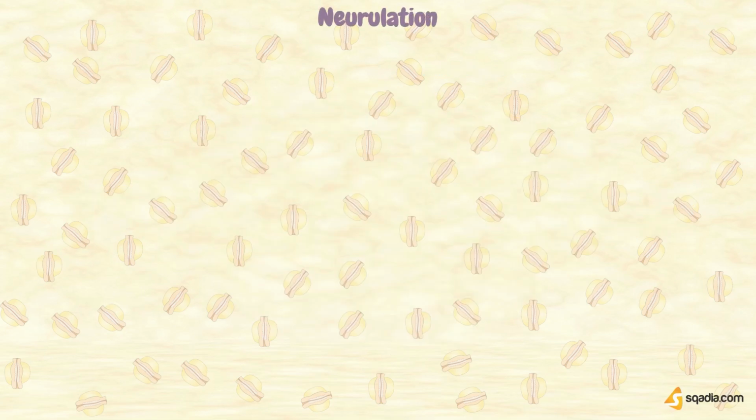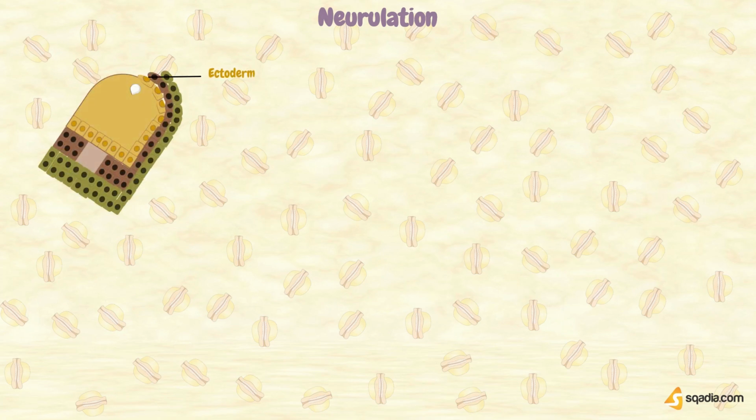Its name indicates that it's the process of neural tube formation. As we have discussed, this is ectoderm, this is mesoderm, and this is endoderm. So, mesoderm cells that migrate anteriorly and accumulate in the midline form the notochordal process, while this is the primitive node.